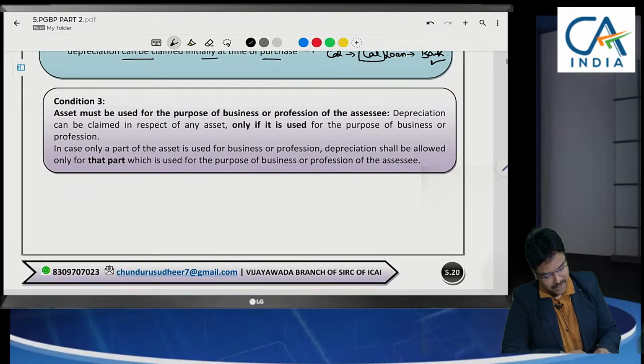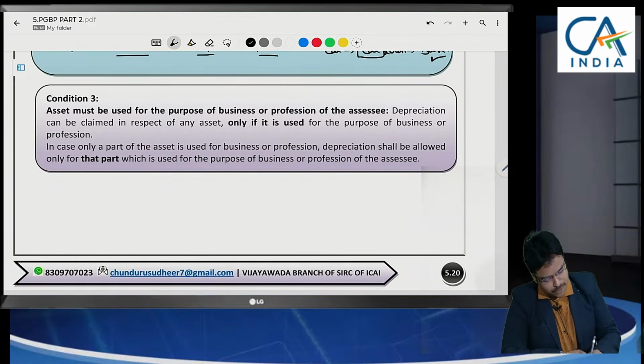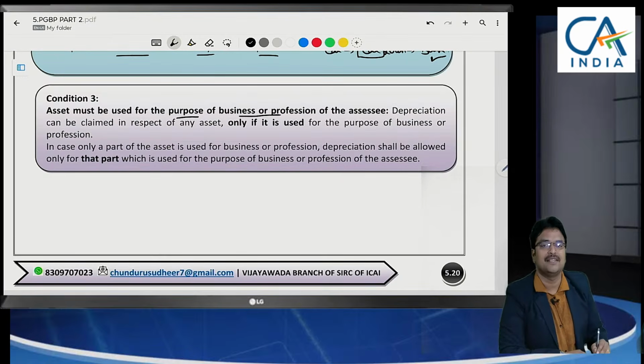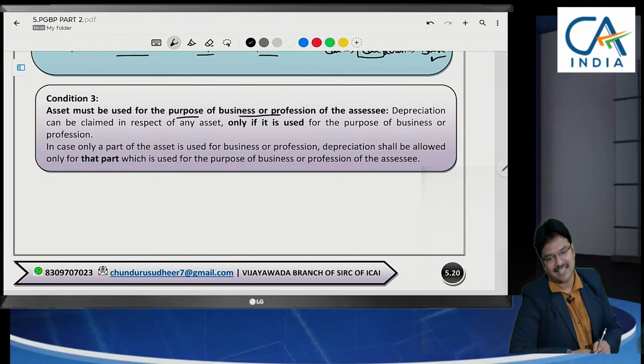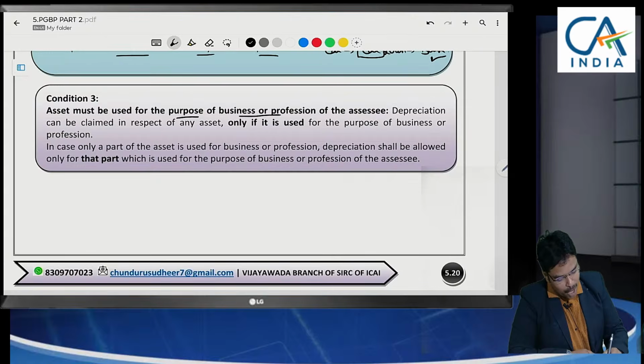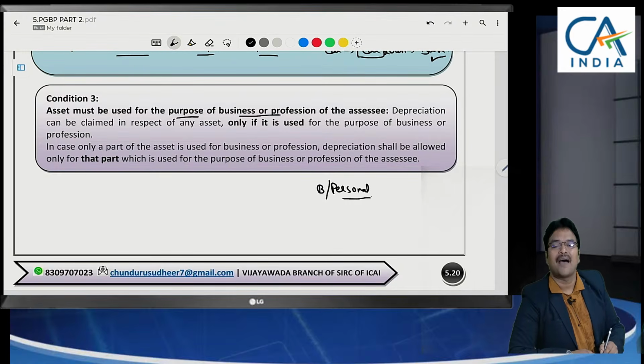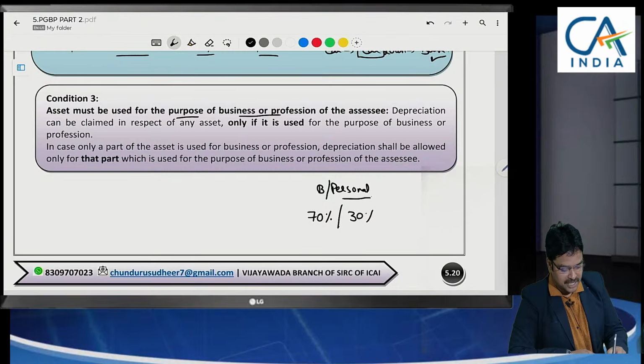Coming to condition number 3, the asset must be used for the purpose of business or profession. For your business or profession, you have to use the asset. For personal use, depreciation is not eligible. Sir, when we use it in common for both business and personal use, then what happens? To the extent it was used for business, based on time or any other calculation, you have to divide personal use and business use.